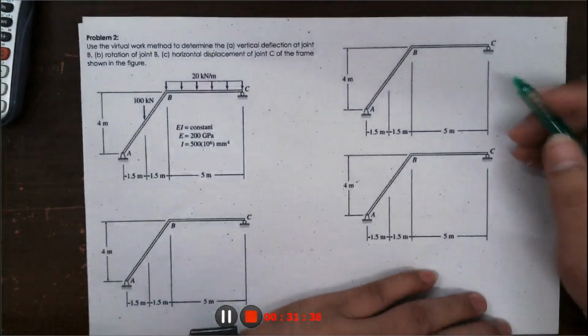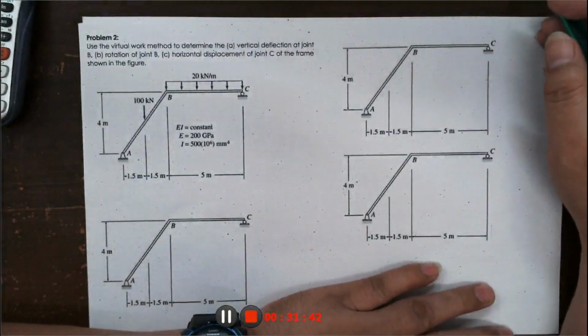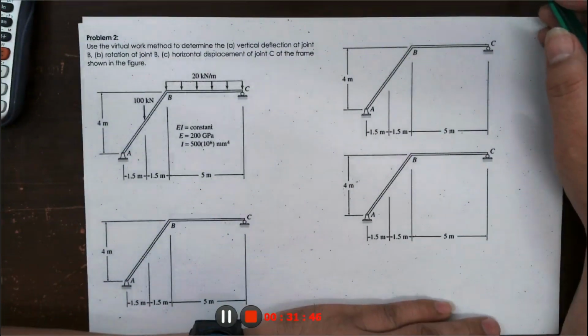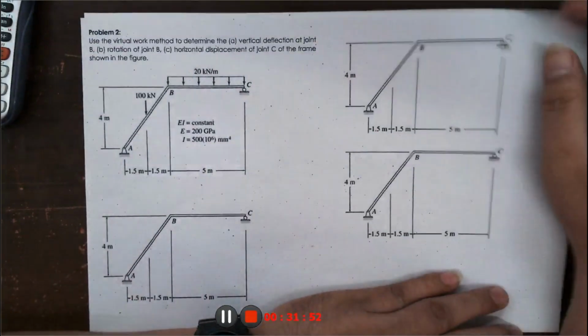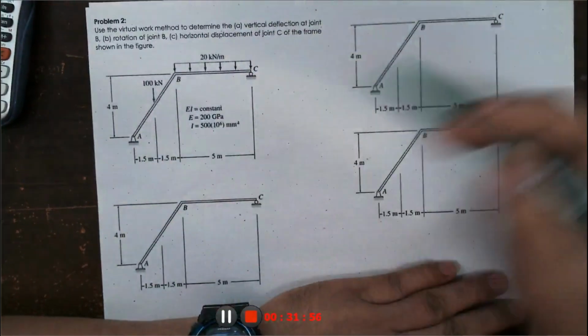Okay, use virtual work method to determine the vertical deflection at joint B, rotation at B, and horizontal displacement at C. Okay. So, mao niya itong frame.